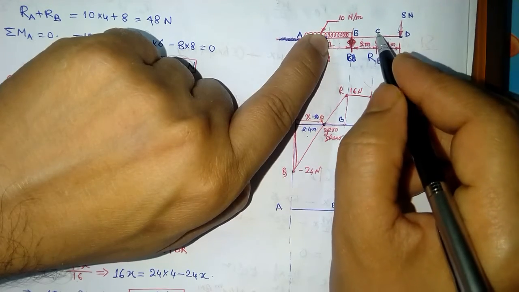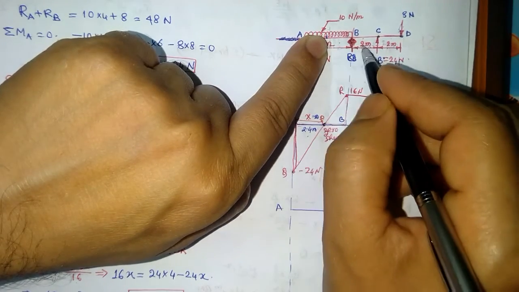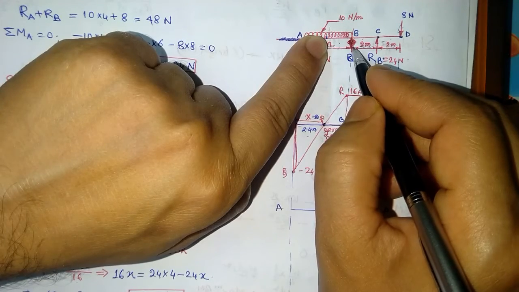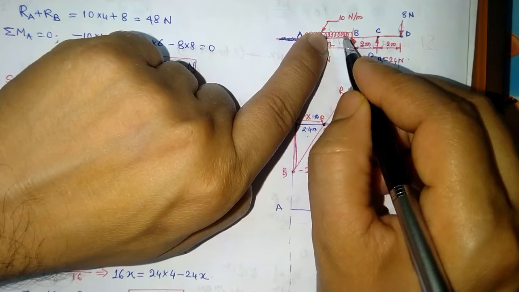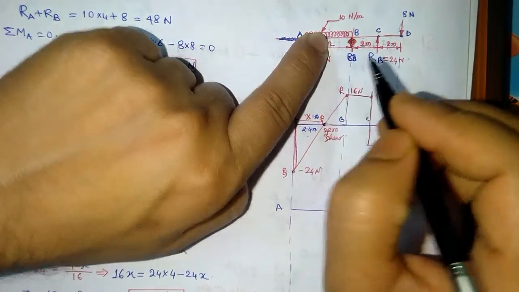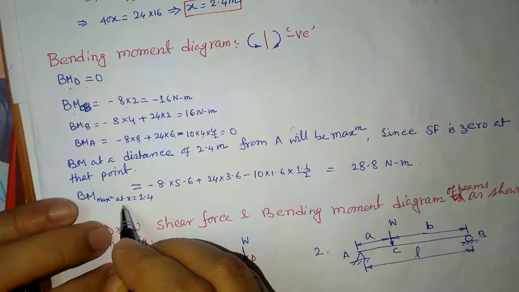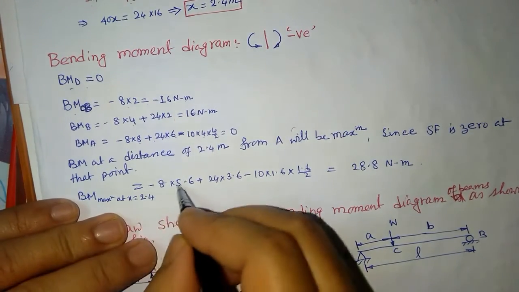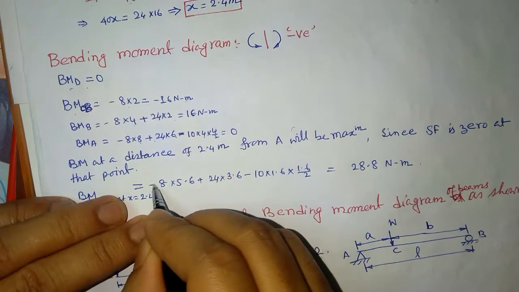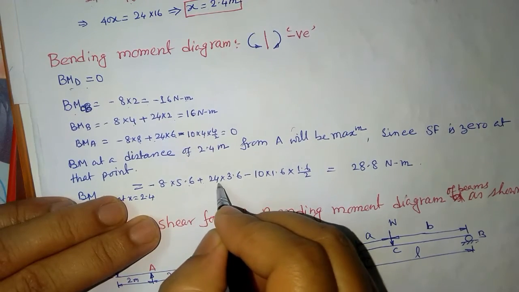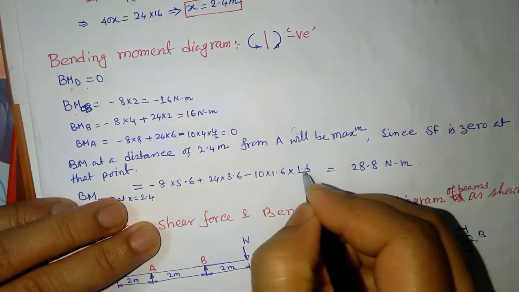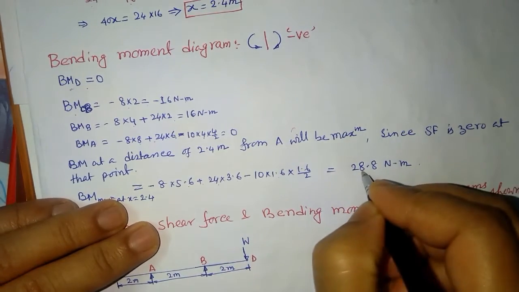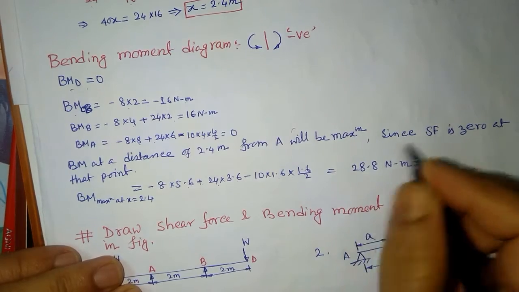plus 24 into 3.6, minus 10 into 1.6 into 1.6 by 2, it is our minus. So let's see. So bending moment at maximum, at x equal to 2.4, we'll get minus 8 into 5.6 plus 24 into 3.6 minus 10 into 1.6 into 1.6 by 2, and this value gives 28.8 Newton meter.